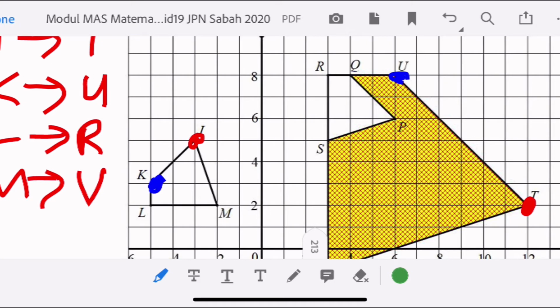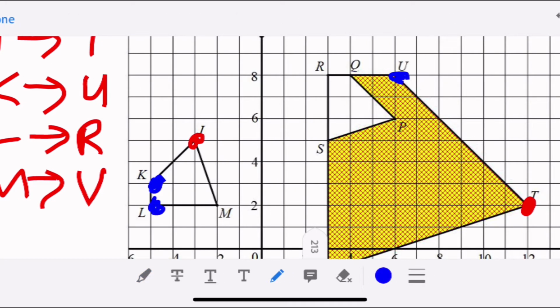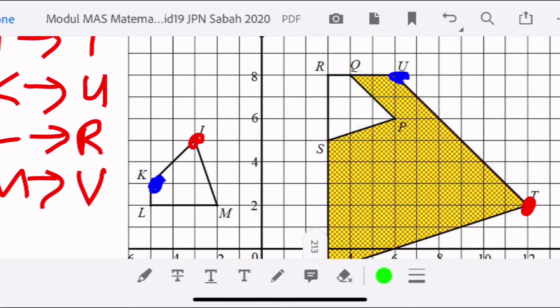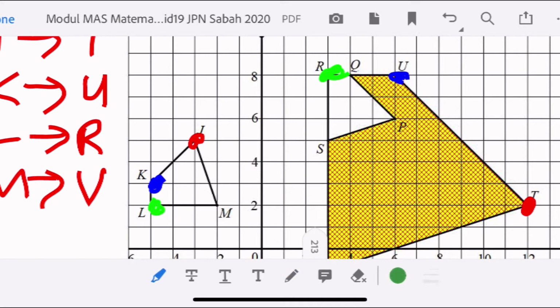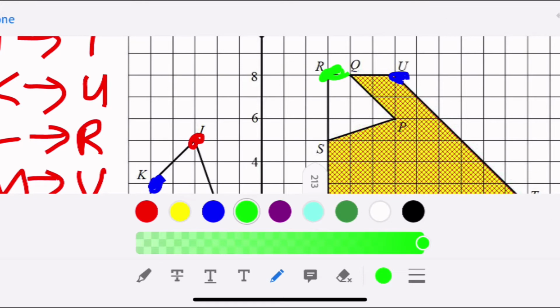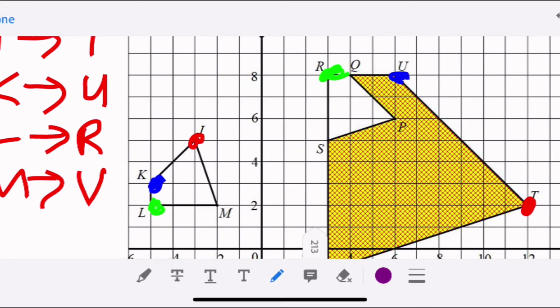The point K transforms to U, the point L goes to R, and M goes to V.